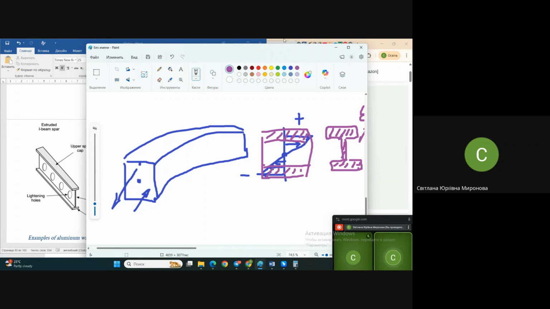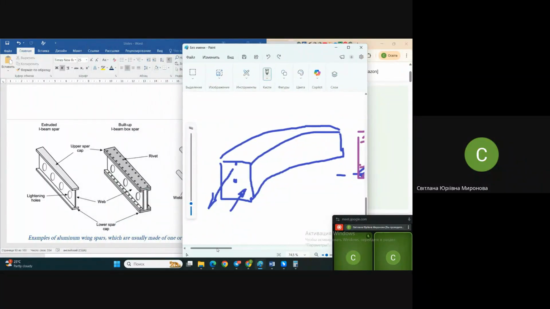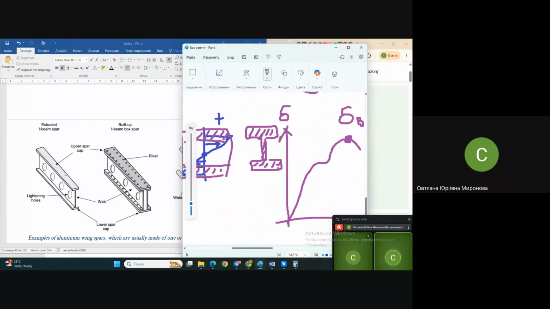And if you take a look at the appearance of a wing spar, you see practically the same thing that I said already.